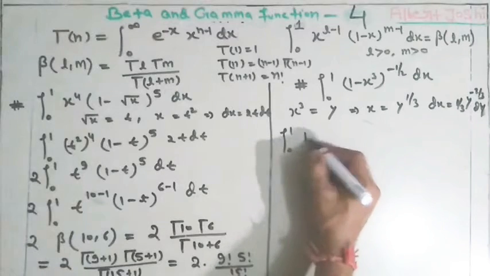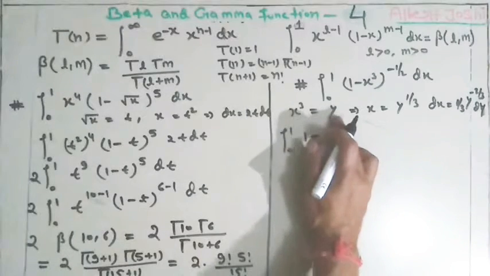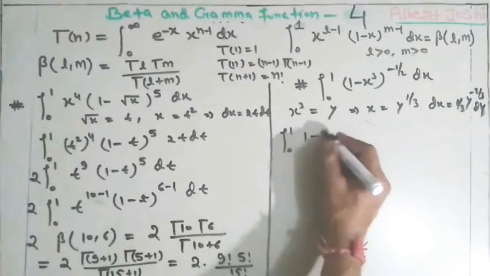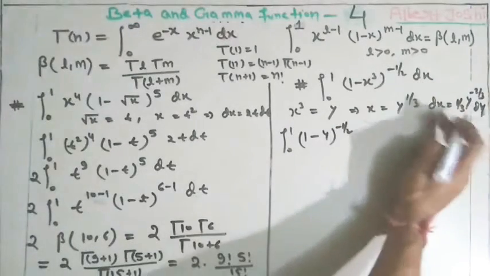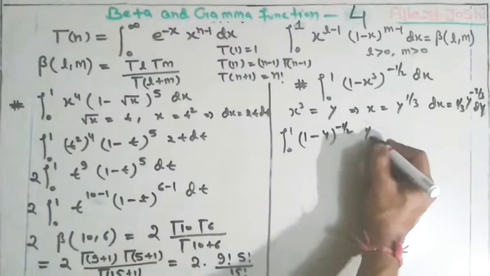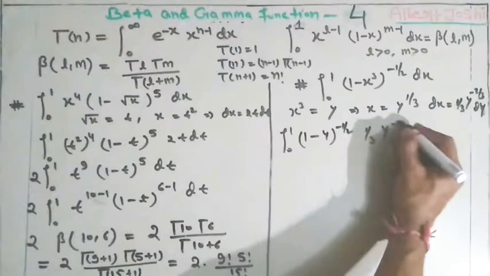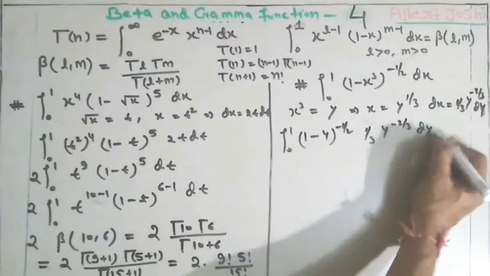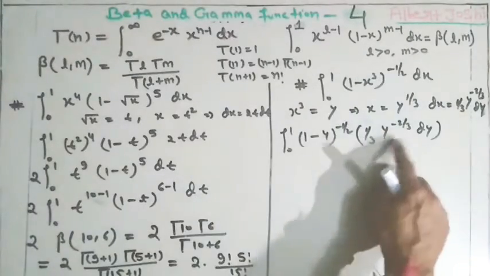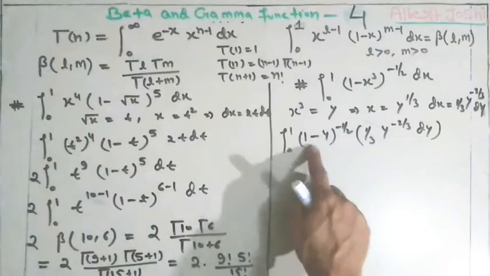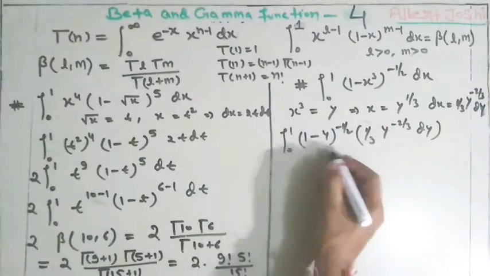So 1 - x^3 is equal to 1 - y, so this is (1 - y)^(-1/2). And dx is equal to (1/3) y^(-2/3) dy. We put this value in place of dx.